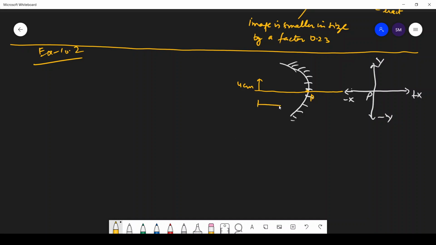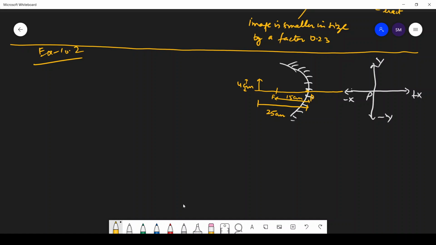So this distance is 25 centimeter. This is 4 centimeter, the height of the object, in front of a concave mirror of focal length 15. So focal length is 15. So this is my focus, and this length is 15 centimeter.